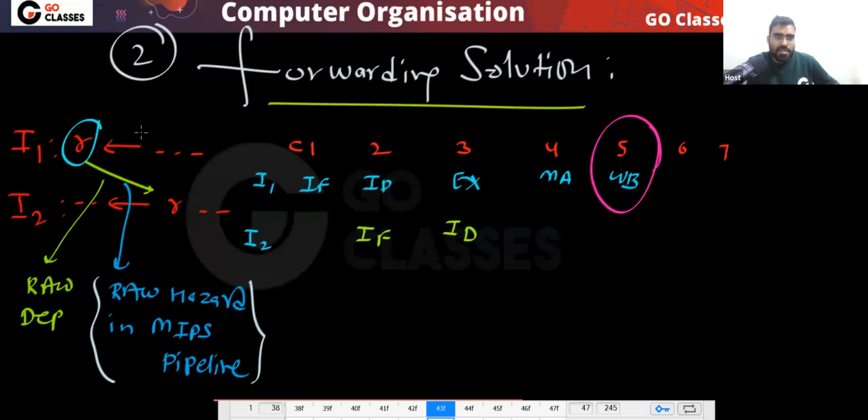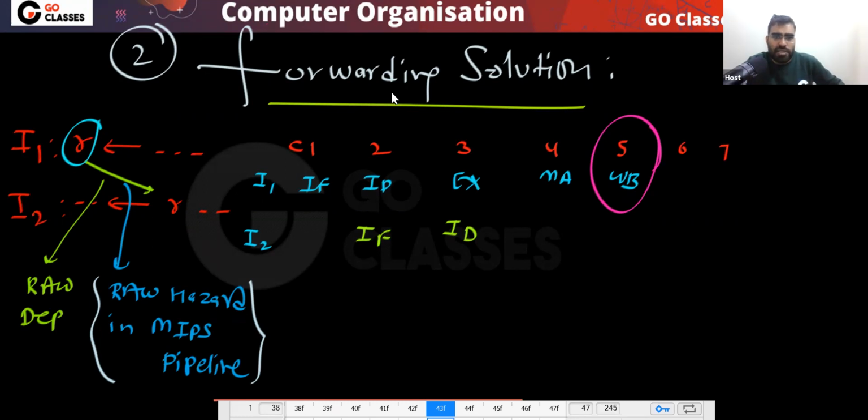But see, R will be updated in cycle 5, I agree. But the value which you will finally put in R, where is that available? That is already available in the execution stage.